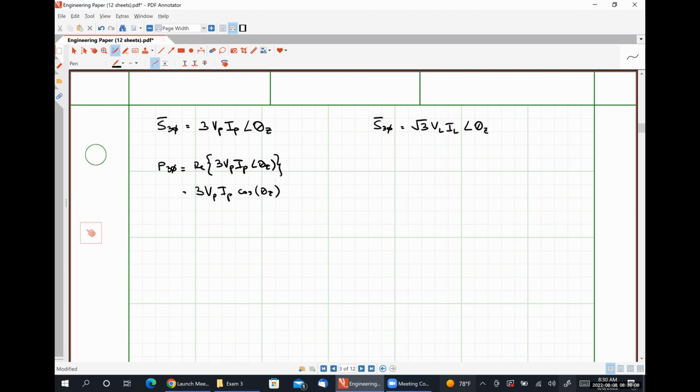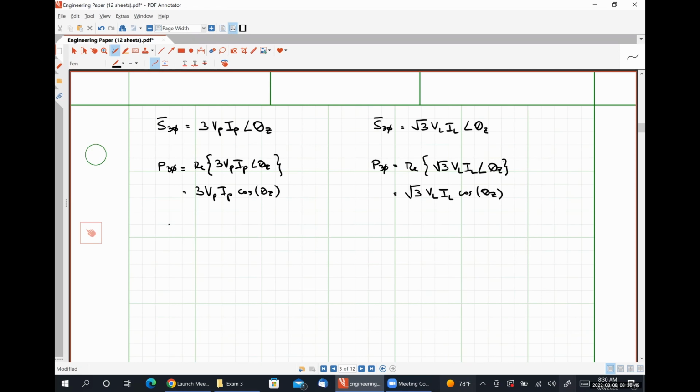In terms of our line quantities, our average power is the real part of root 3 VL IL angle theta z, which comes out to be simply root 3 VL IL cosine theta z.